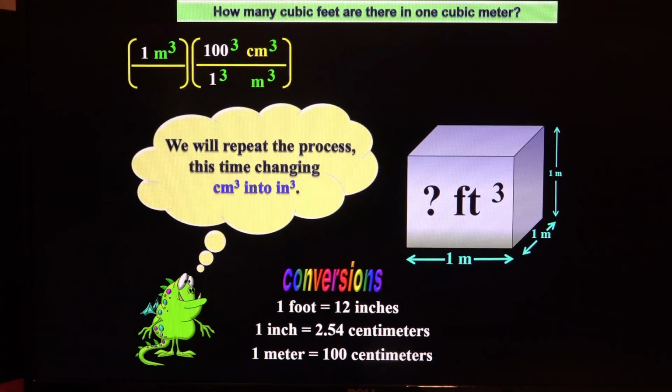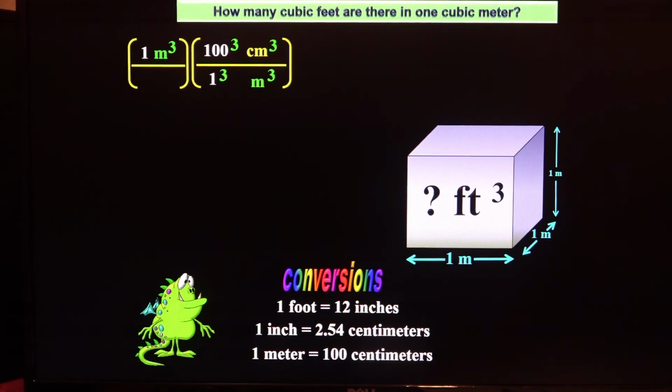We'll repeat the process, this time changing centimeters cubed into inches cubed. Large set of brackets, nice spacing. Centimeters, we've left room for the exponent. We're converting centimeters into inches. We know that 1 inch is 2.54 centimeters.